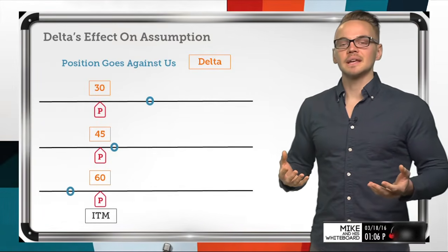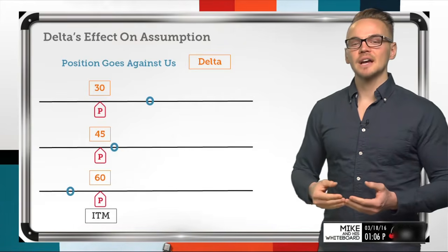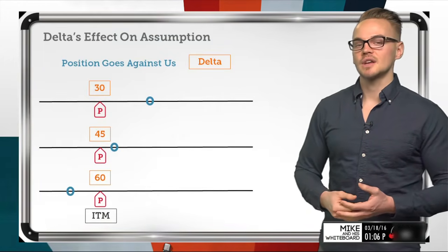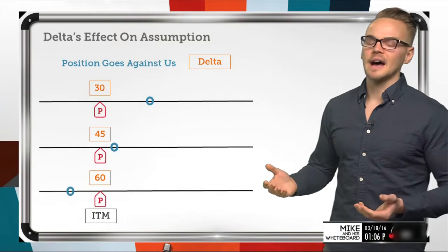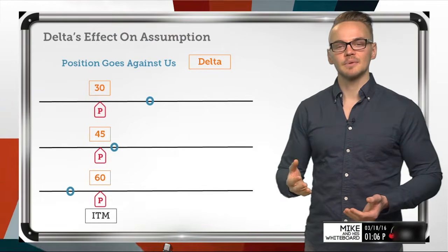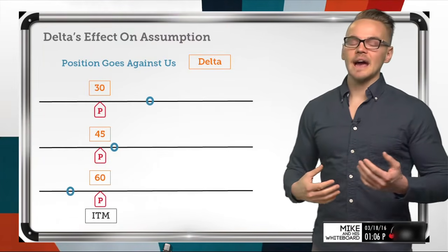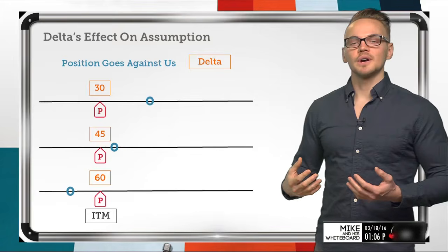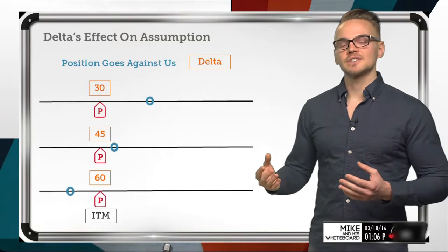Well, basically it means that with an increase of $1 in the underlying, I should see an increase on my position of about $50. So a 50 delta, or 0.50 delta as you would see it in a platform, indicates that I basically have half the exposure compared to buying shares outright.